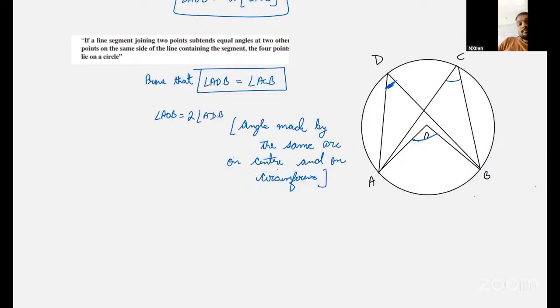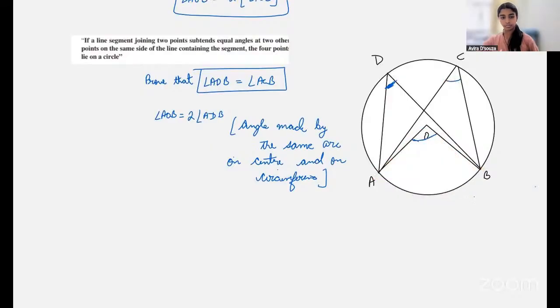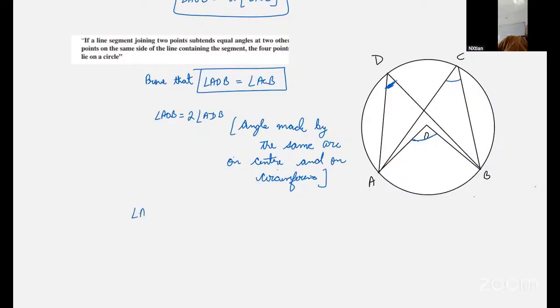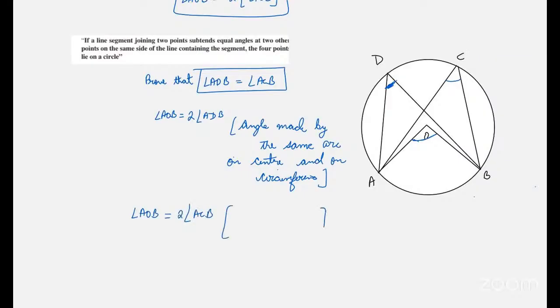Yeah. Now, can we write that angle AOB, which is made by this arc AB, is double of this also? Yeah. So we can say that angle AOB is equal to twice of angle ACB, and the reason will be the same.